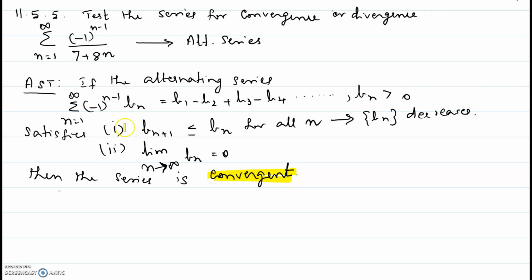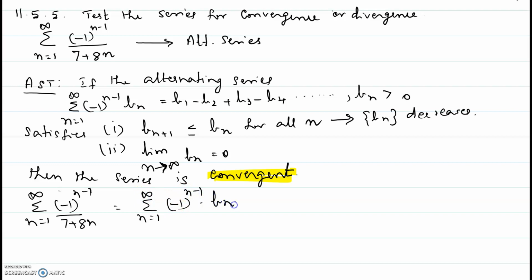So we have to establish these two conditions for the series that is given in our problem. We will express the given series, sigma n varying from 1 through infinity, negative 1 to the power of n minus 1 over 7 plus 8n, as sigma n varying from 1 through infinity, negative 1 to the power n minus 1 bn, where bn equals 1 over 7 plus 8n.